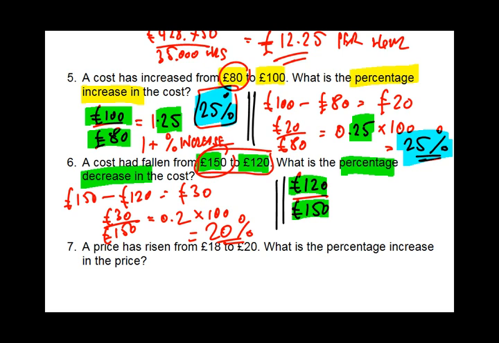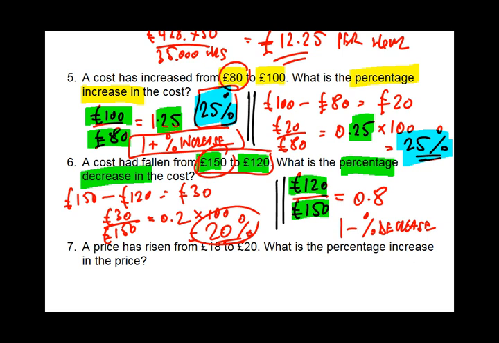But if you do 120 divided by 150, this time on your calculator you should get 0.8. Now remember, this is showing me 1 plus the percentage increase, or indeed 1 minus the percentage decrease. And 0.8 is 1 minus 0.2, and 0.2 is our 20%, isn't it?